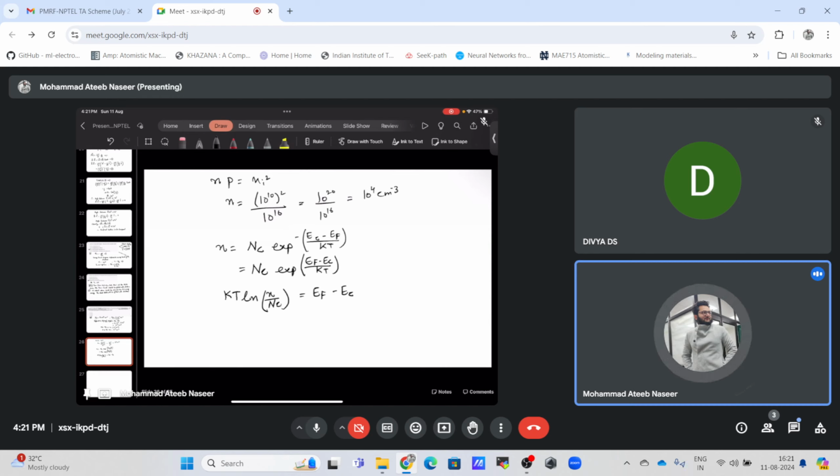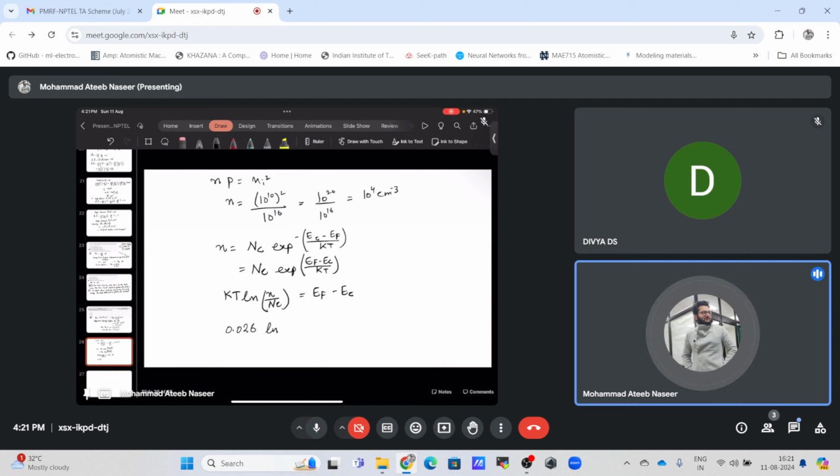So you can say that this kT is the thermal voltage at 300 Kelvin. It is equal to 26 milli electron volts approximately. Actually, it is 25.9 milli electron volts, but for the calculation we take it to be 26 milli electron volts. It is 0.026.